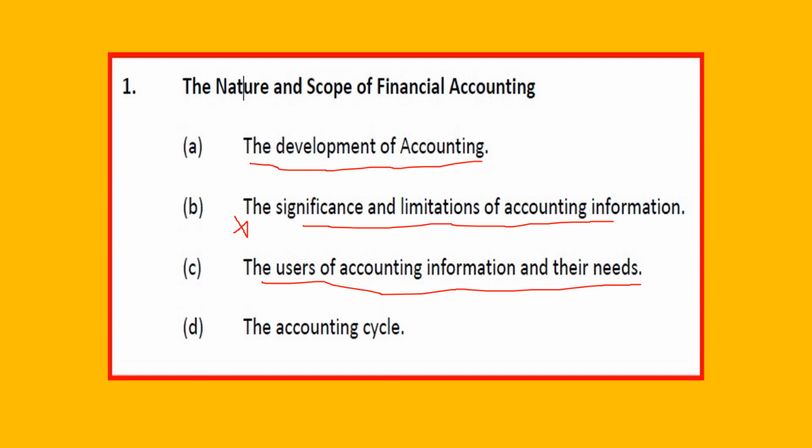There are the primary users and the secondary users and what their needs are. For the accounting cycle, you're looking at the 9-step accounting cycle, not the 6-step or 7-step that you would have done at the CSEC level. So that would take care of the nature and scope of financial accounting.